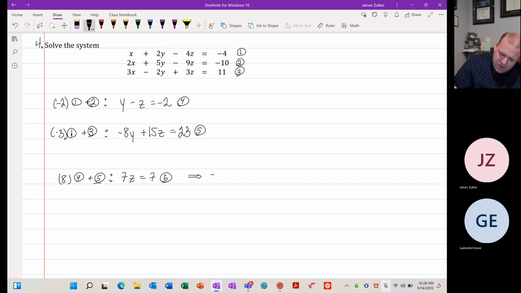So all three systems have identical solutions. From down here, we can conclude that z has to be 1. Now do backward substitution. Let's plug that into equation 4. So y minus 1 would have to be -2, meaning that y is -1.